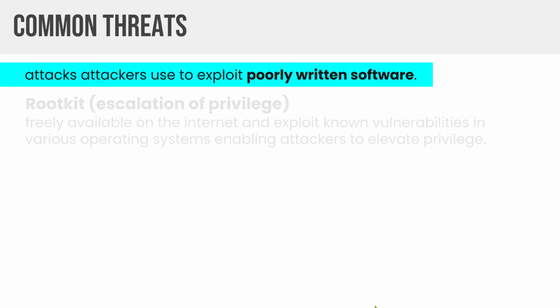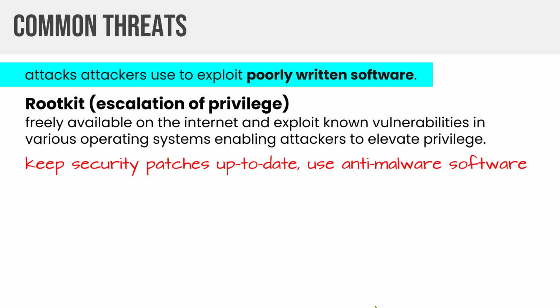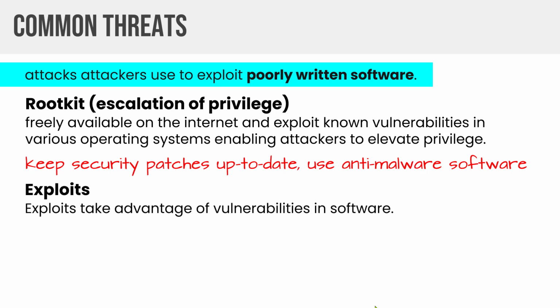So other common threats here, rootkit, which is escalation or elevation of privilege. These are freely available on the internet and exploit known vulnerabilities in various operating systems, enabling attackers to elevate privilege. So you want to keep security patches up to date, use anti-malware software. Protecting against rootkits is, generally speaking, well within your control.